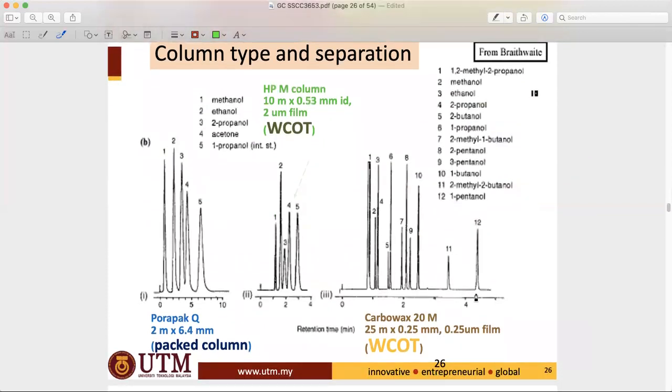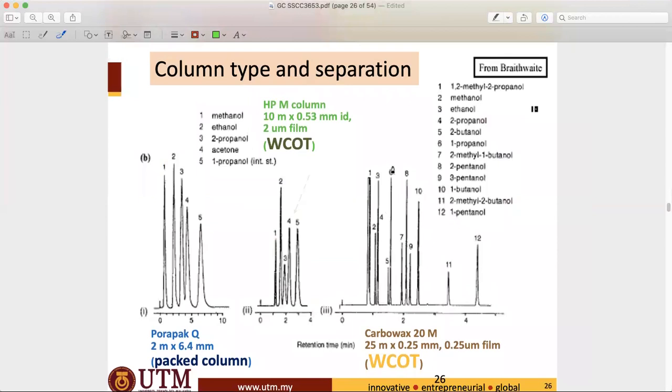Okay, so now we are going to look at an example of using the column type and the separation. This is the packed column, and this is WCOT, wall coated open tubular. First of all, you need to see the retention time, the analysis time for all of the samples.